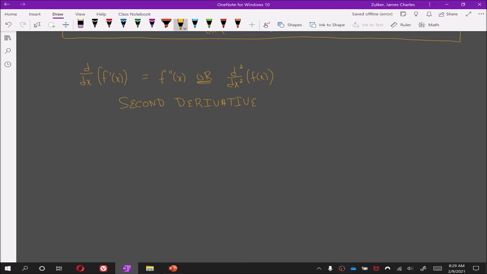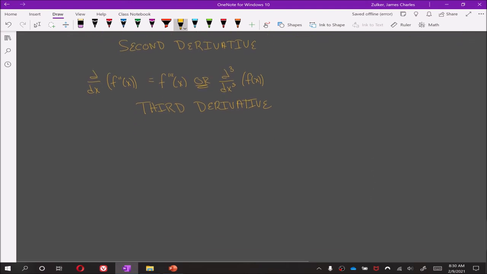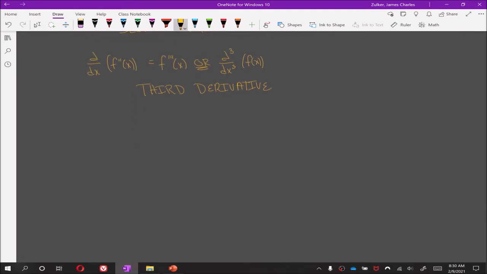Well, then it makes sense that we can take the derivative of this. This would be f triple prime of x, or d cubed dx cubed of f of x. This is the third derivative. So on and so forth. So in general, we have the nth derivative.